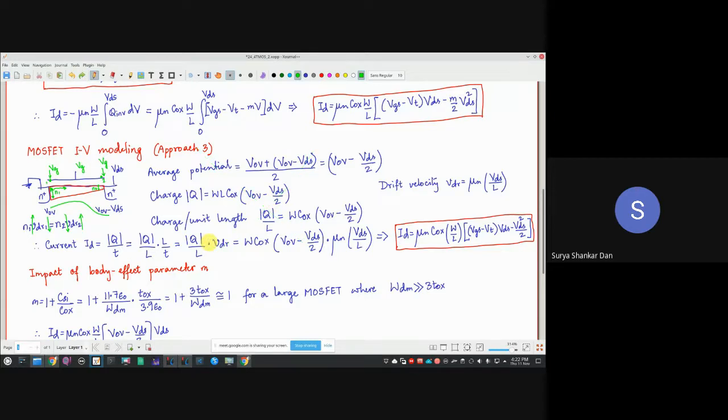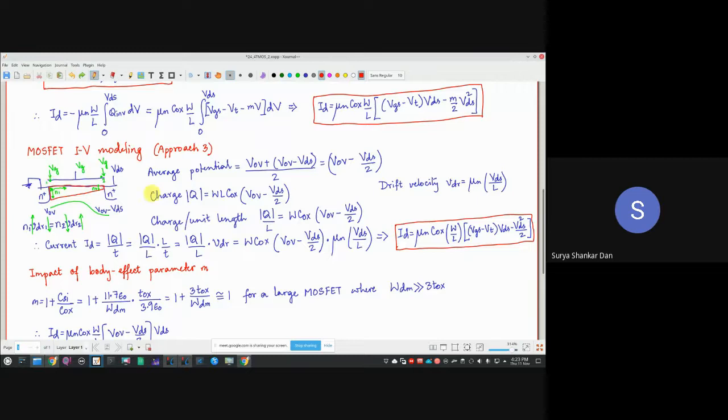I'm mentioning this many times, repeating it so that you get to know the difference very well. This is only valid for large channel devices, and it will become clear in a minute. So this is an average. Average means you are taking a GCA, gradual channel approximation, and it will turn out to be VOV minus VDS by 2. What is the charge inside this trapezoid?